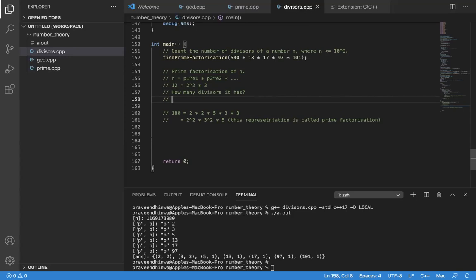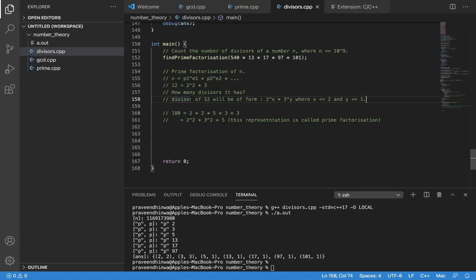You can see that a divisor of 12 will be of the form 2 power x times 3 power y, where x cannot be larger than 2. X can be 0, 1, or 2. But if x is 3, then you are sure that it cannot divide 12. So x is less than or equal to 2 and y is less than or equal to 1.